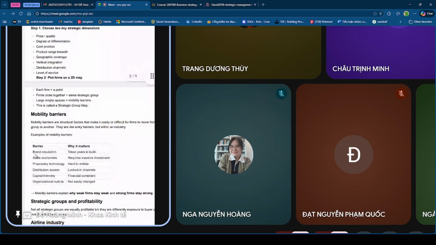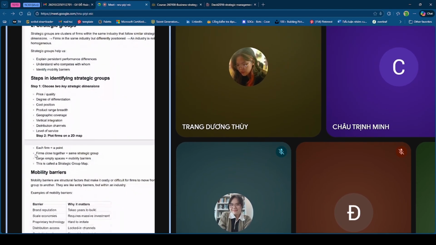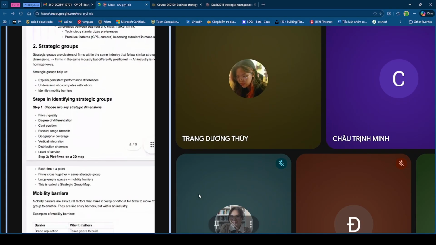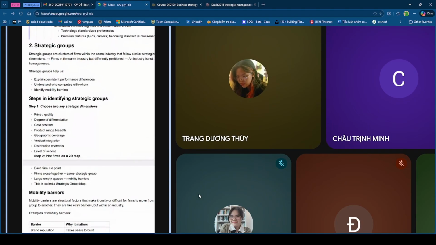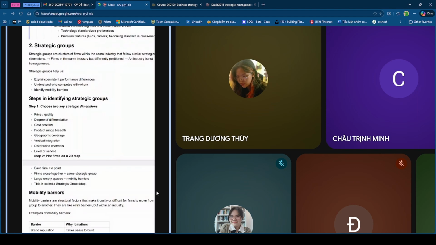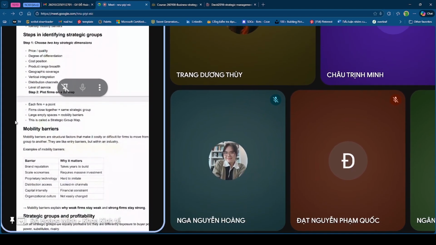I define a strategic group as a cluster of firms within the same industry. It means your industry includes multiple competitors, but we can group them into multiple groups. The groups in the whole industry are different.